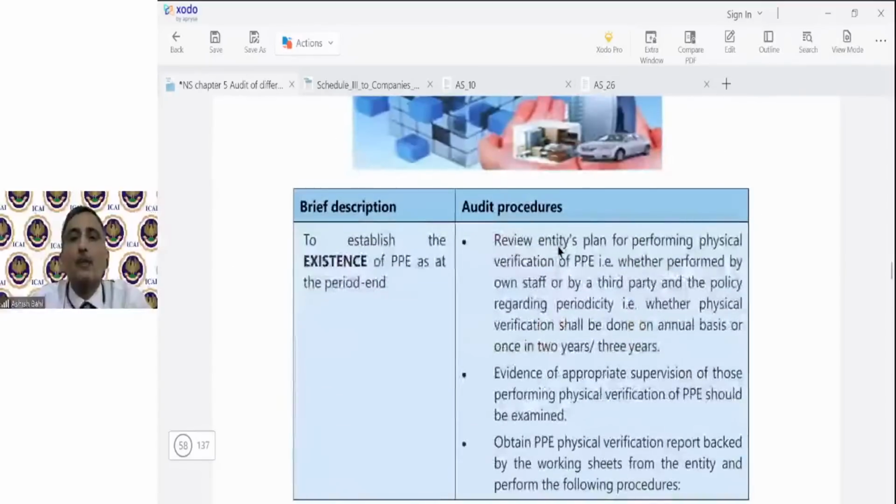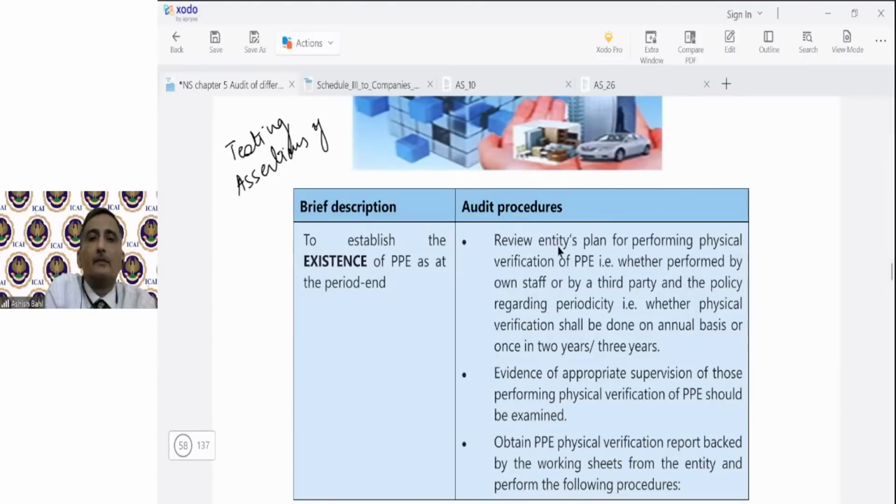So now we come to students again testing various assertions pertaining to PPE items. Testing assertions of PPE items. सो वही एसर्शन स्टूडेंट्स जो कि हमने इन्वेंटरीज के केस में पढ़ी थी. सो व्हाट इज ए पीपीई आइटम? इट इज ऑल्सो एन अकाउंट बैलेंस.